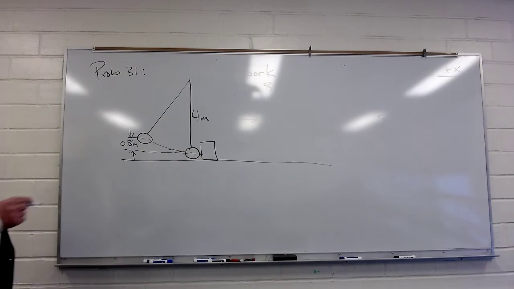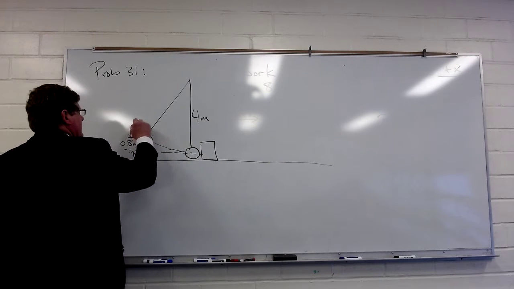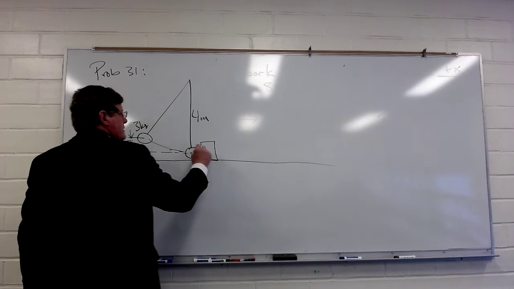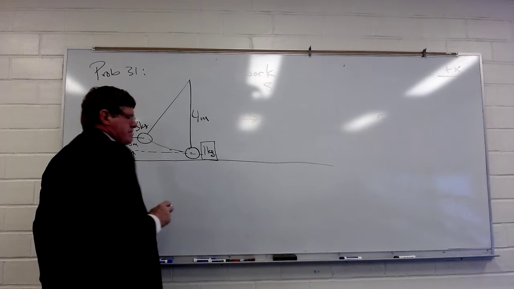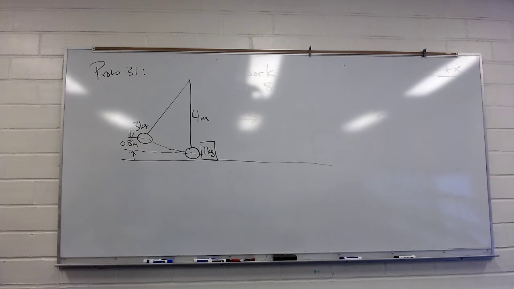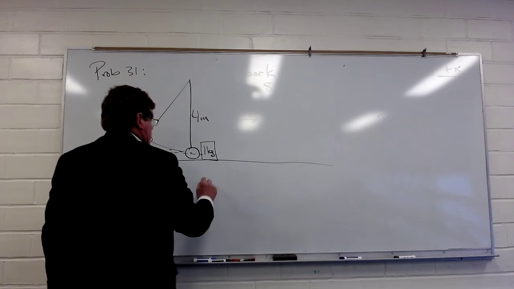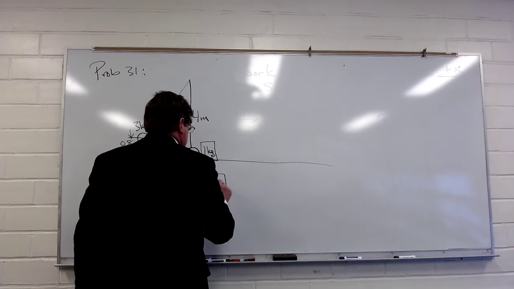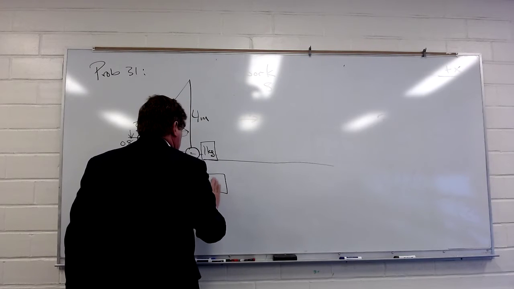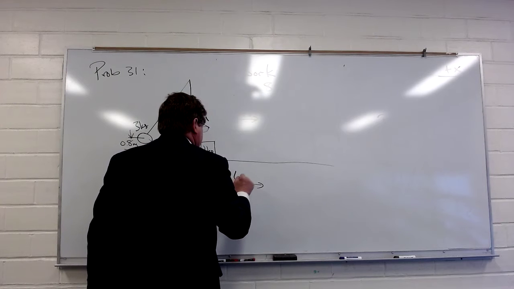Now, the mass of this bob is 3 kilograms. The mass of this block is 1 kilogram. And we're also told in the problem that the speed of the block after the collision is measured to be 6 meters per second.